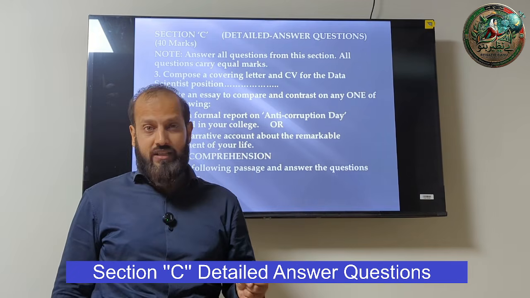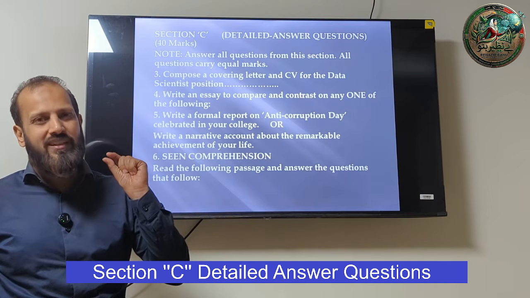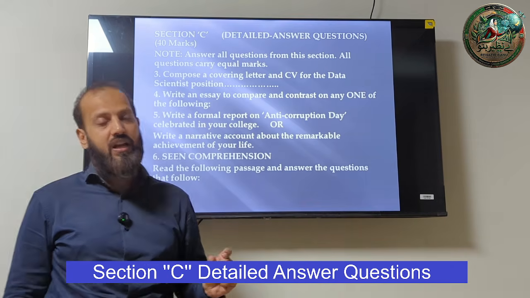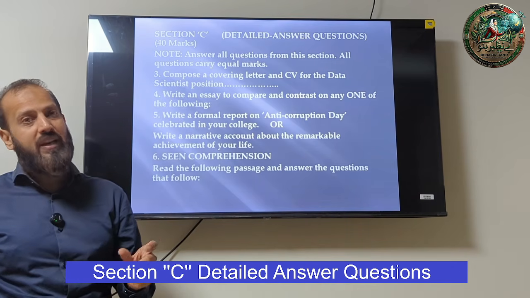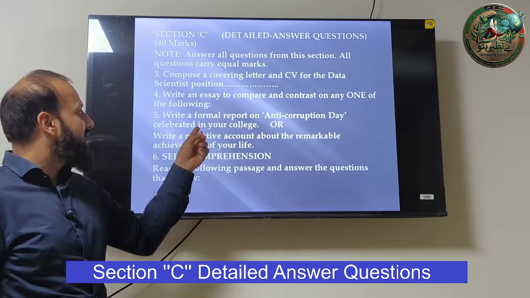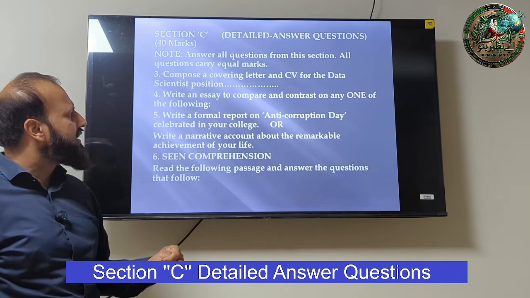In a formal report you have to use really academic and formal words, like a formal email or formal letter writing. So that is really good. Formal report I would discuss later on.